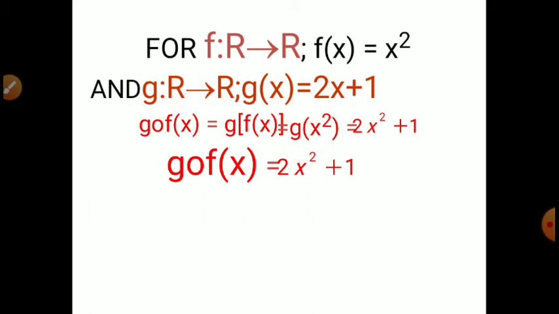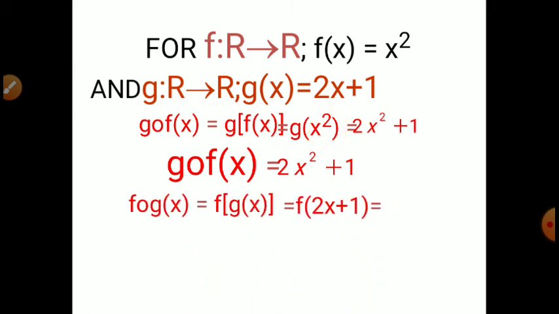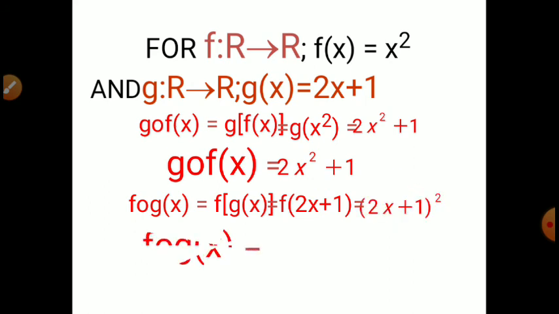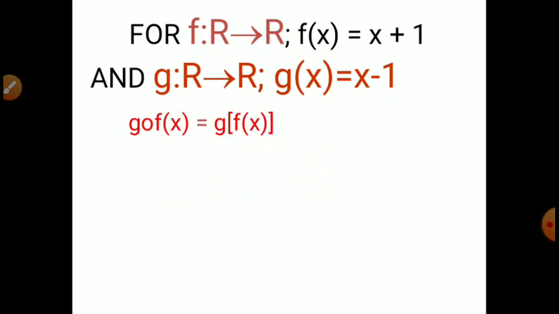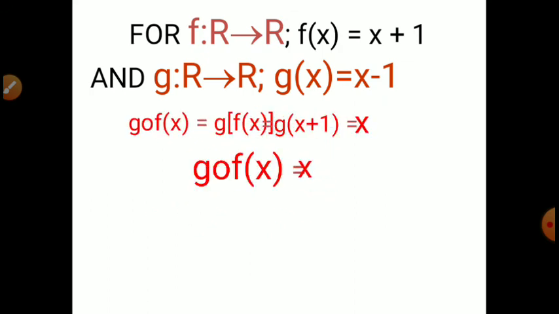So here, in the place of something you have x square, so 2 into x square plus 1 you will get. Whenever you see the expansion of (2x plus 1) whole square, here also they are not equal. Check whether they are equal or not.